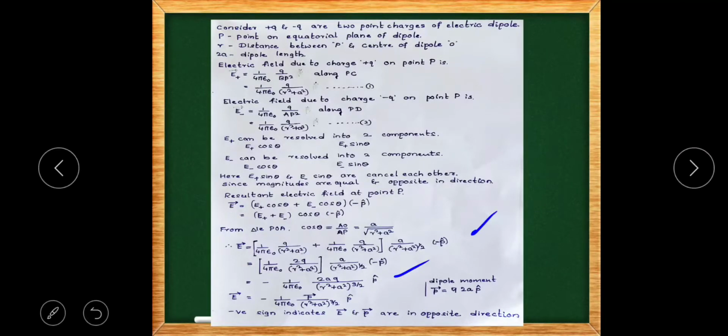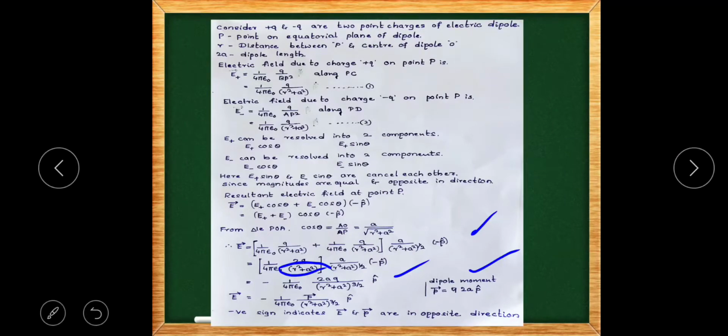In this expression, raised to 1 is there, and raised to 1 by 2. 1 plus 1 by 2 equals 3 by 2. Hence 2aq divided by R square plus a square raised to 3 by 2 into p cap. We know the dipole moment vector p equals q into 2a into p cap, so 2aq into p cap can be written as p.